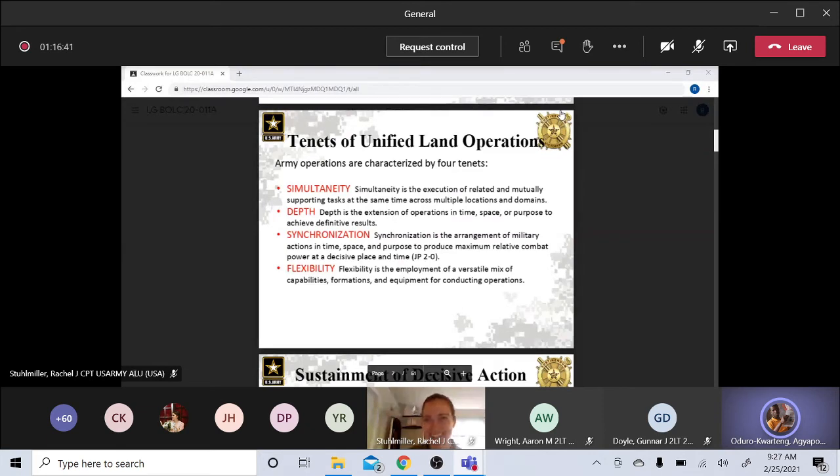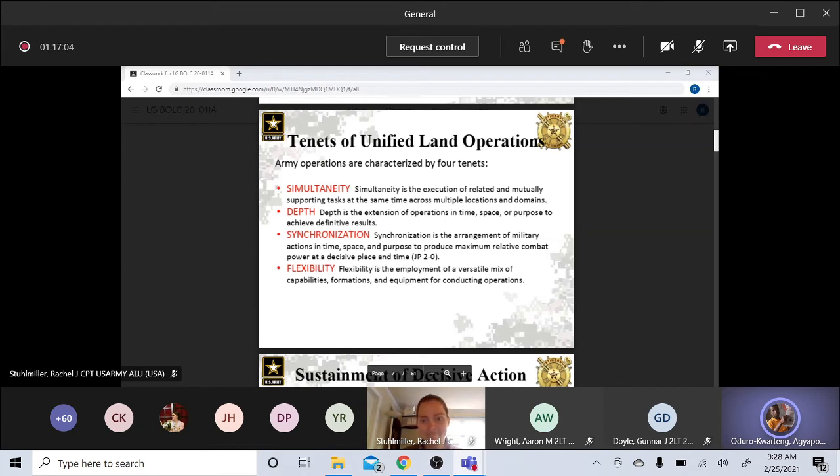I would say, just like it says, a versatile mix of capabilities, formations, and equipment for conducting operations. So it's basically not being restricted to a particular way of doing things, but being able to adapt different capabilities.